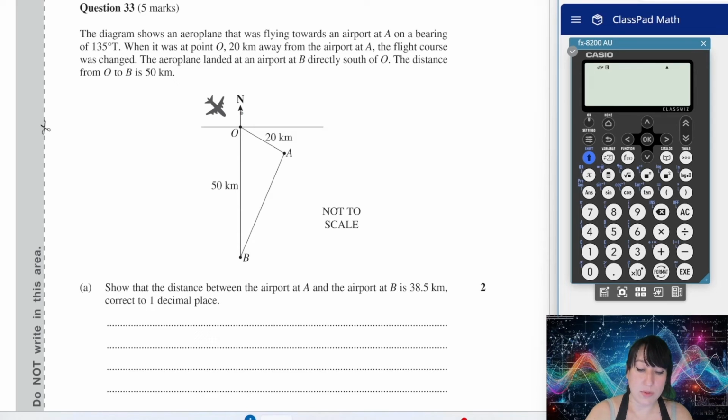So let's put 135 there. That would be from here to here. Okay, remember that B is directly south of O, so we could take that angle inside that triangle as 180 minus 135. Okay, so we have 45 degrees here.